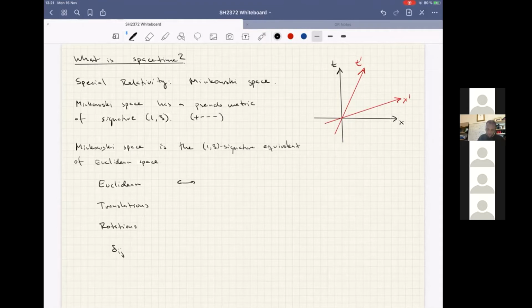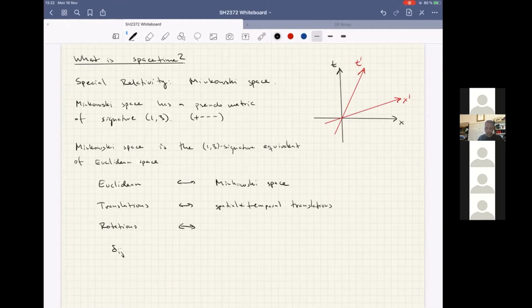And if we make the comparison to Minkowski space, the translations, well, in Minkowski space, we still have translations, but we have them both in the spatial and in the temporal direction. So we have spatial plus temporal translations.